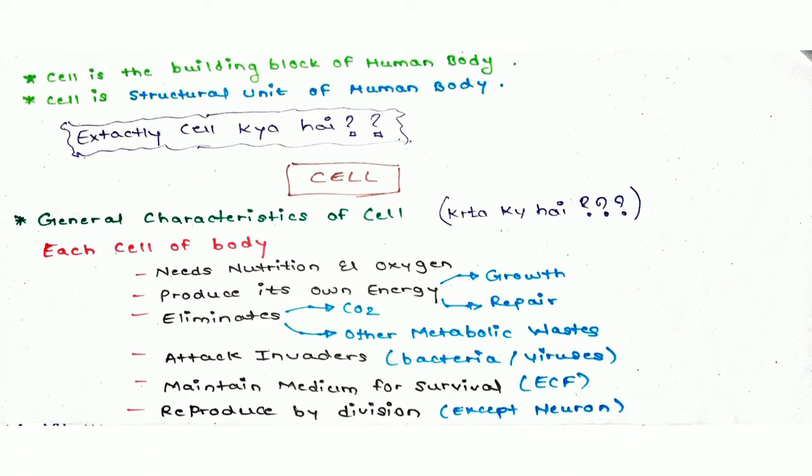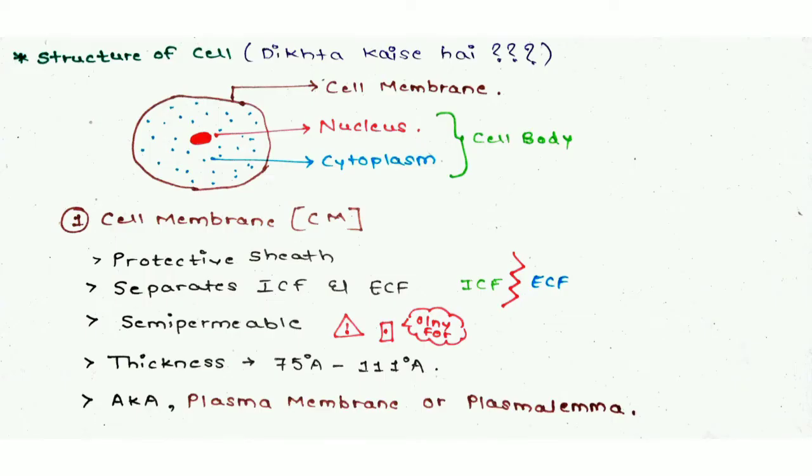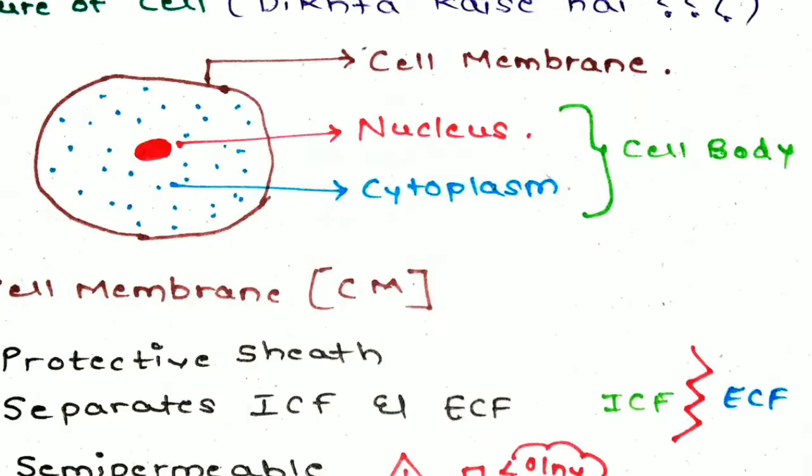Now we know what it does, so what does it look like? We will be studying the structure of the cell. In the diagram above you can see a boundary made of brown color, that is the cell membrane. Inside the cell membrane you can see blue dotted fluid, that is the cytoplasm, and somewhere you can see a red dot, that is the nucleus.